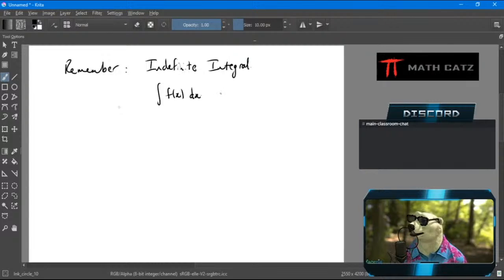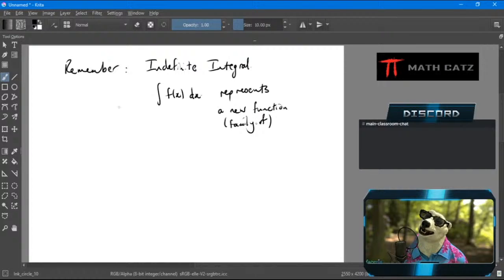So this represents a new function, really a family of functions, such that these functions have as derivative this f of x, whose derivative is the function in question.